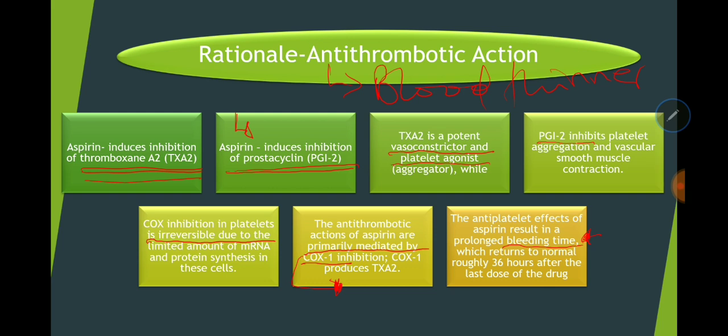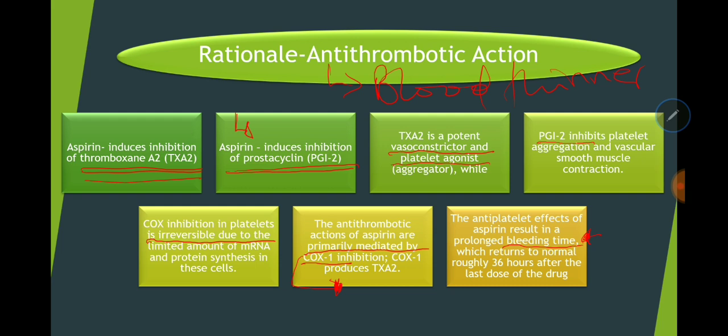You are not going to order PT or PTT. Don't be fooled. If somebody is taking aspirin and Plavix, you don't check for PT or PTT or INR. You check for the bleeding time.